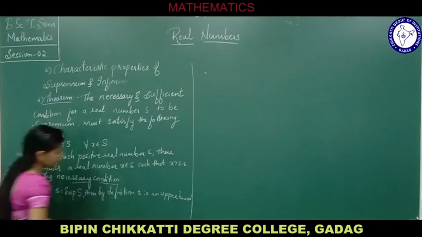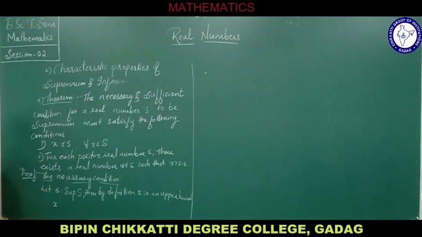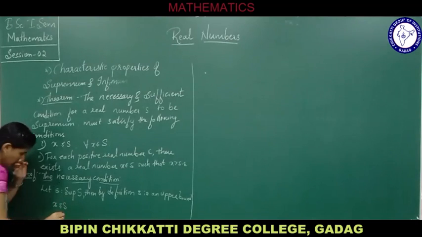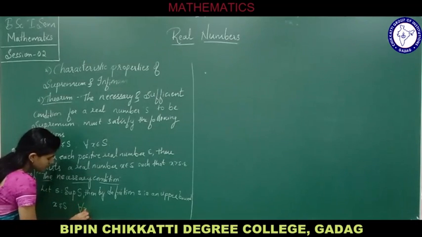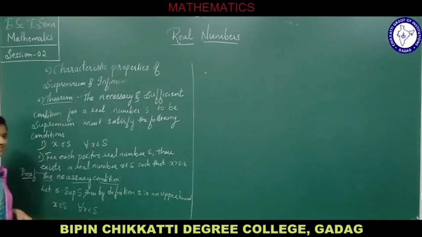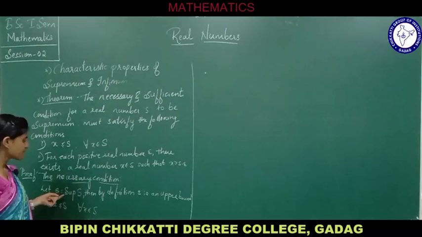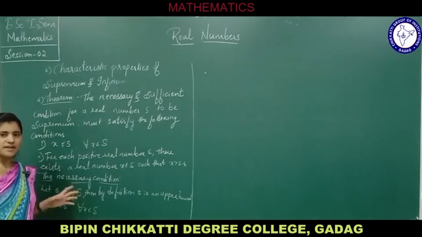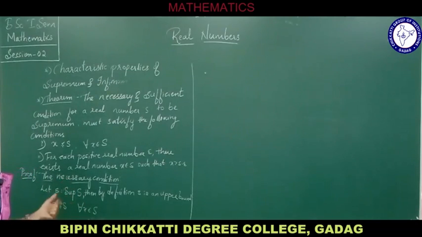It means x is less than or equal to S for all x belonging to the set S. We have considered S as the supremum of the set; by definition, if it is the supremum, it is an upper bound. Since it is an upper bound, we can write x is less than or equal to S for all x belonging to S.